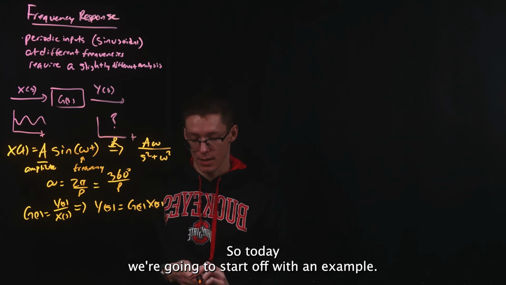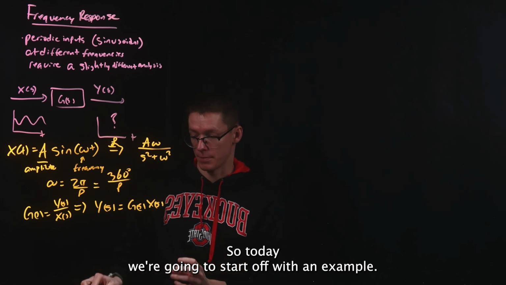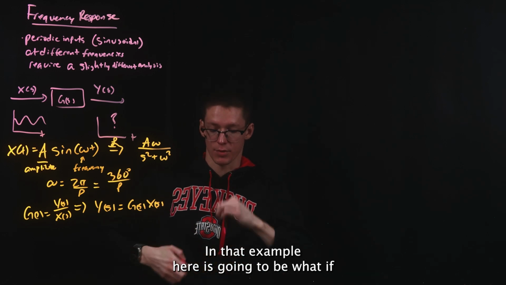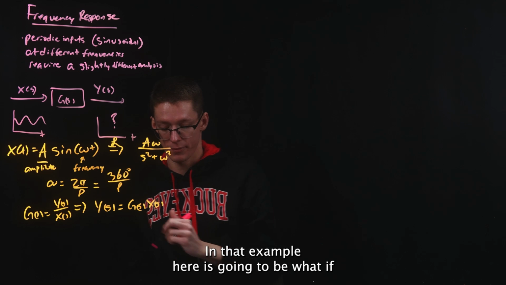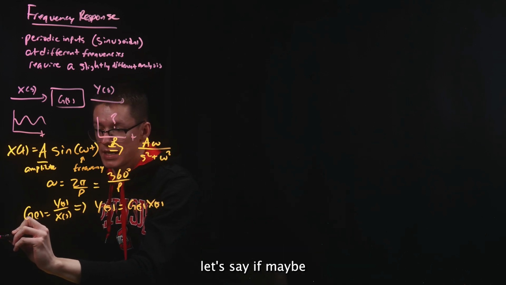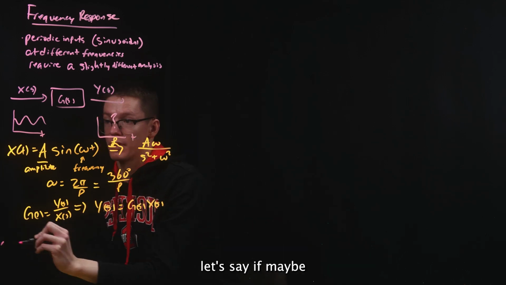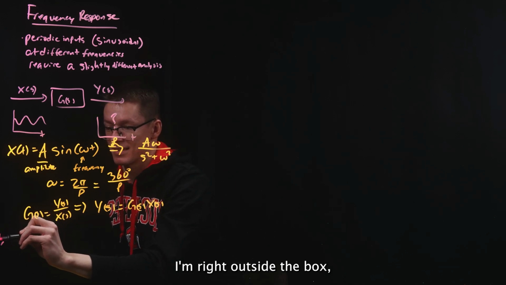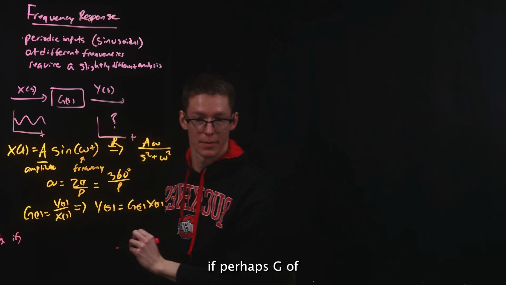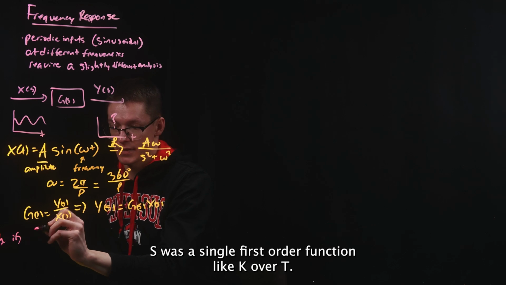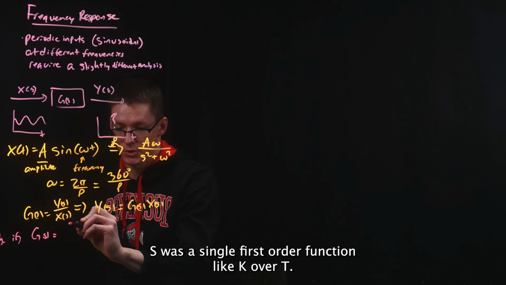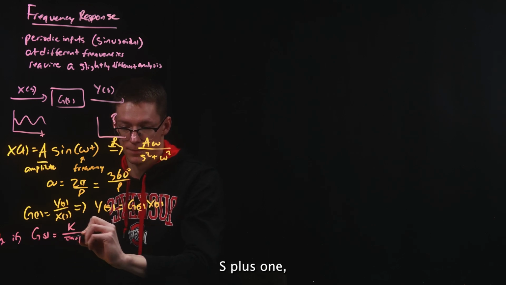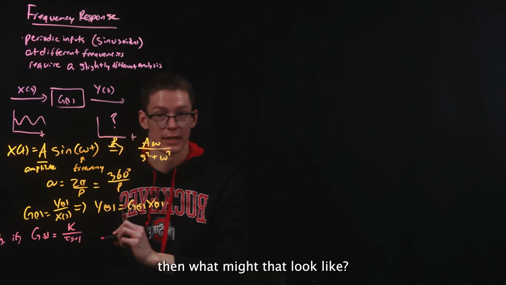Today, we're going to start off with an example. What if g of s was a single first order function like k over tau s plus 1? Then what might that look like?